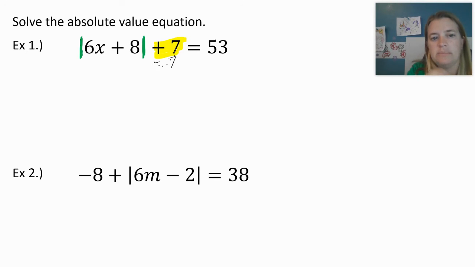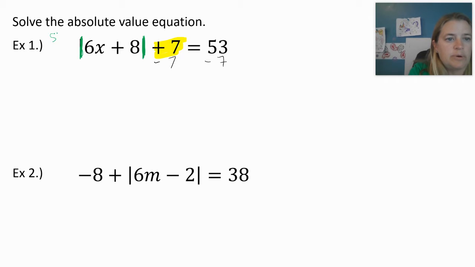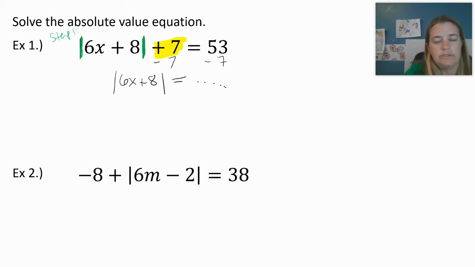That way this becomes 0. And remember, whatever you do to one side, you do to the other side. Remember, we skipped this step. This is step 1. Once we do that, we just rewrite that absolute value: 6x plus 8 is going to be equal to 46.